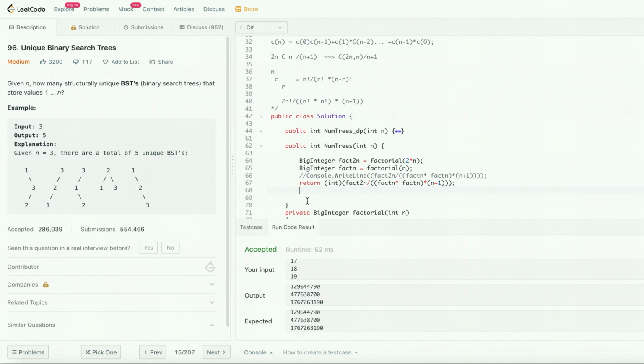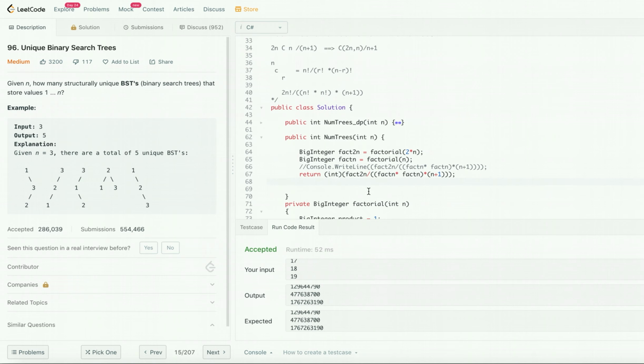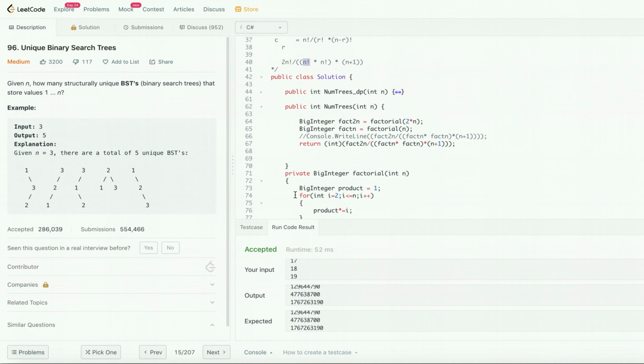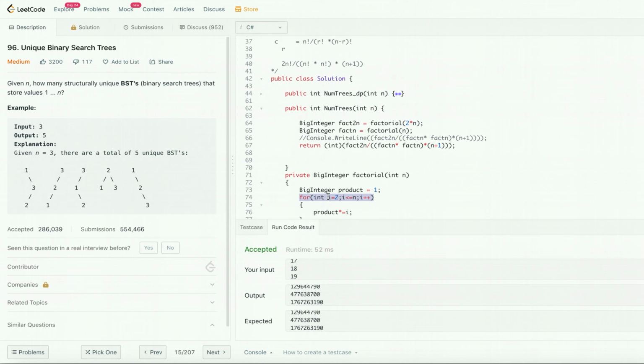So if we go look at the time and space complexity, all we are doing is taking n and doing the factorial calculation for 2n and factorial calculation for n. So that means we will be going through the factorial calculation of 2n. How much time will we be taking for factorial calculation of 2n?